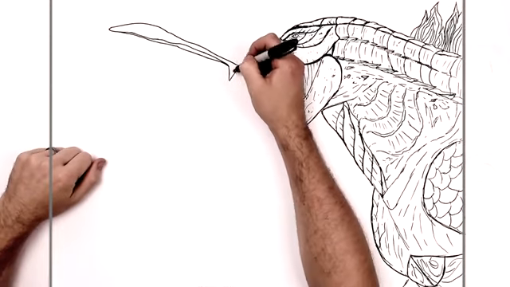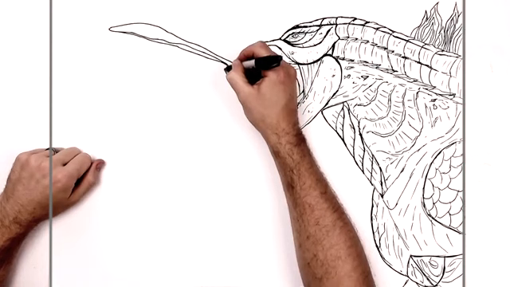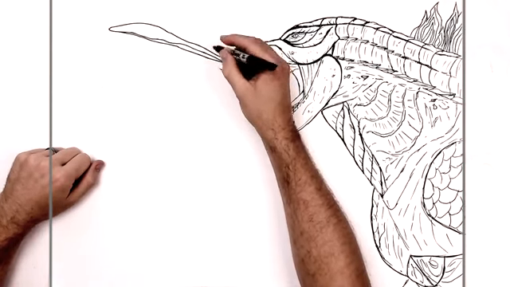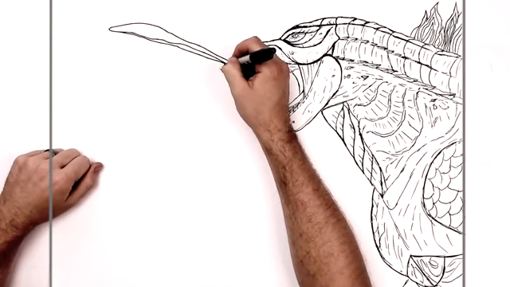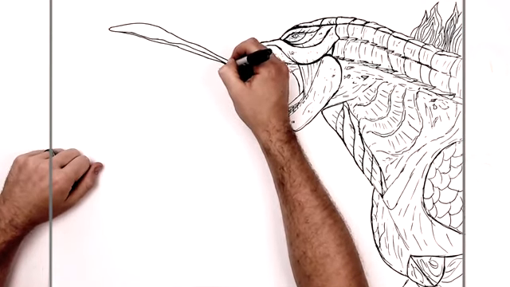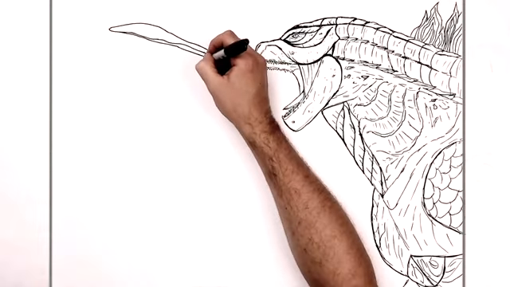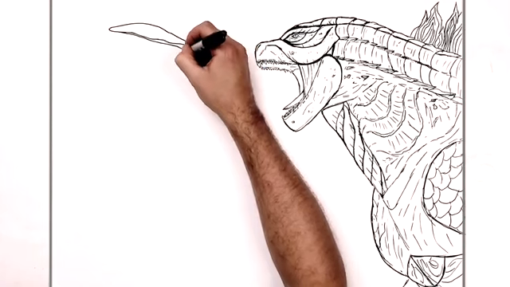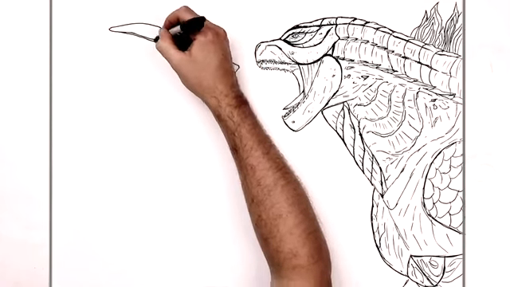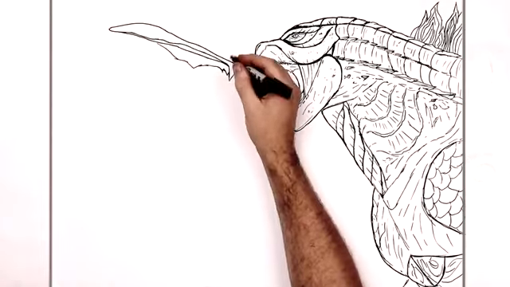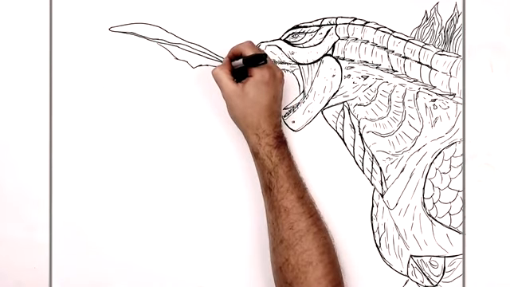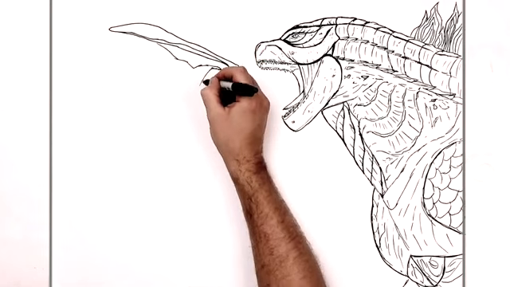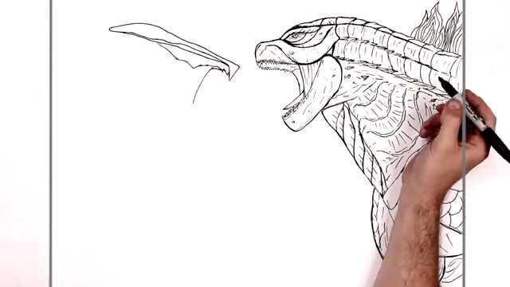Right, so then the mouth. Basically the mouth is loads of small little teeth just here. And then we have some more lines that kind of come back this way, like so. Then we have some more small teeth just here. And then the side of the mouth will come down like so, right?